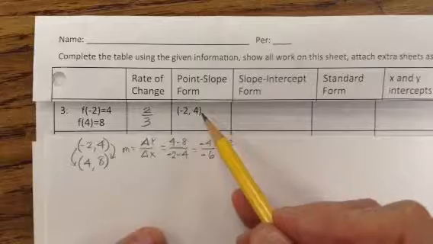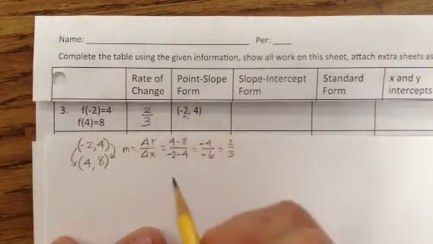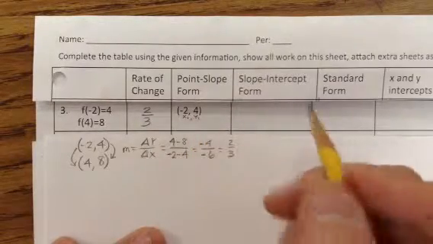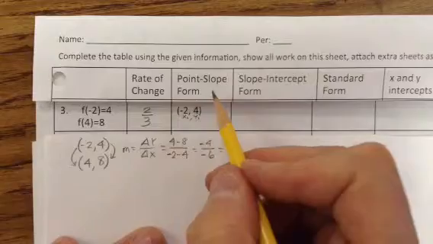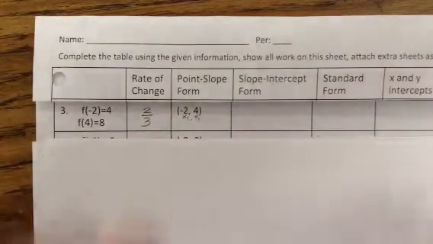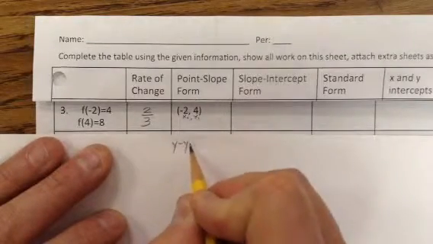Okay, we're asked to use this point in point-slope form. So this is my first x, and this is my first y. So we go in point-slope form, which again is in your notes, better yet, memorized.